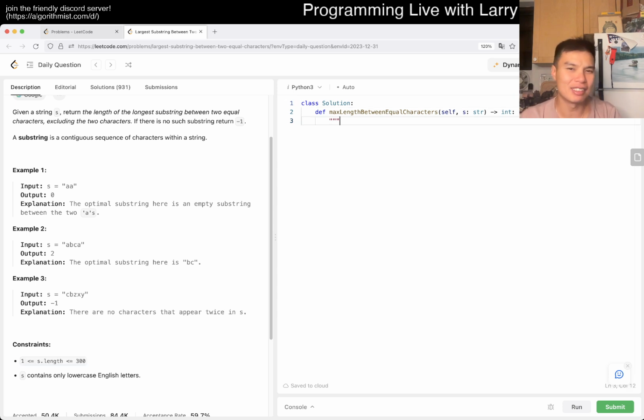You cannot independently do all the characters, because you can have something like A, B, A, B. You can't take just the A's because the B's are inside.